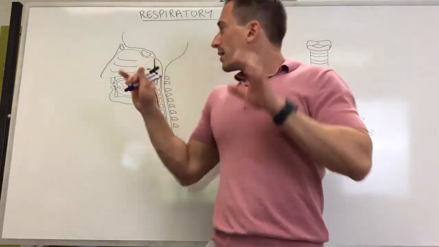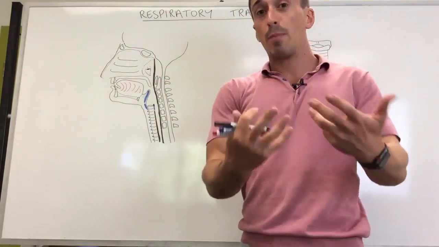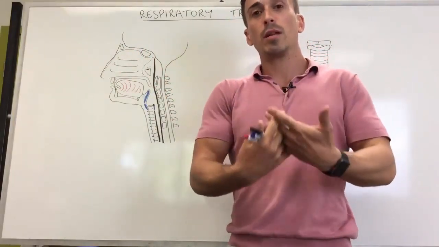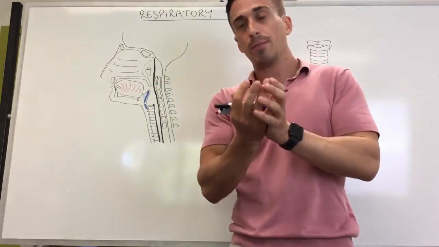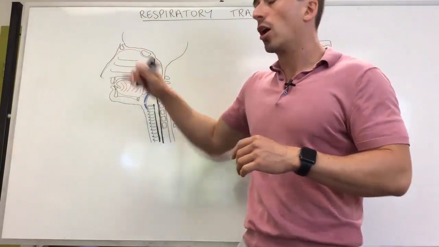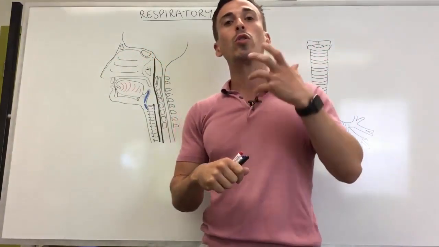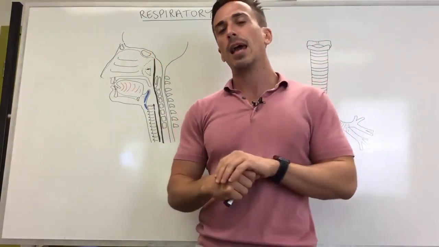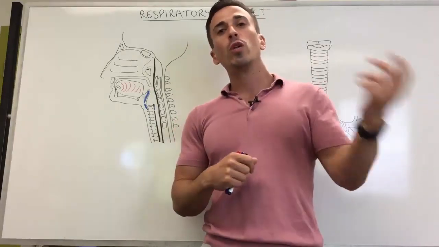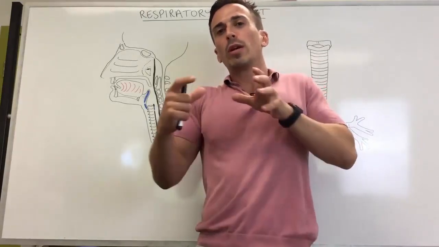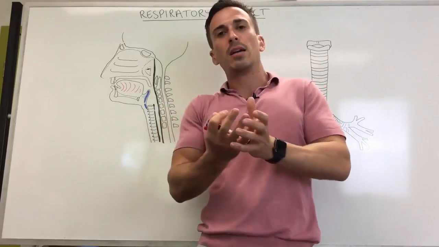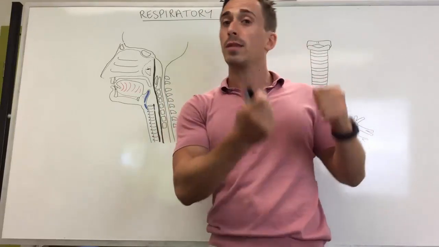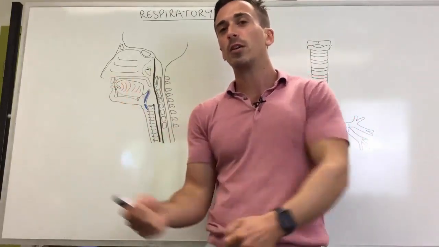Now, the tissue, which is going to be epithelial tissue, because we know epithelial tissue lines cavities, okay? The epithelia that lines our nasal cavity is what's called pseudostratified ciliated epithelium. So pseudostratified. When we look at epithelium, we break it down according to its structure, and that structure tells you something about its function.